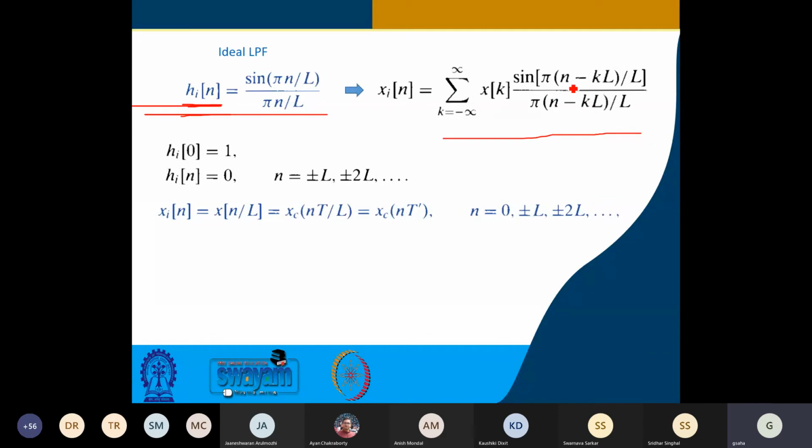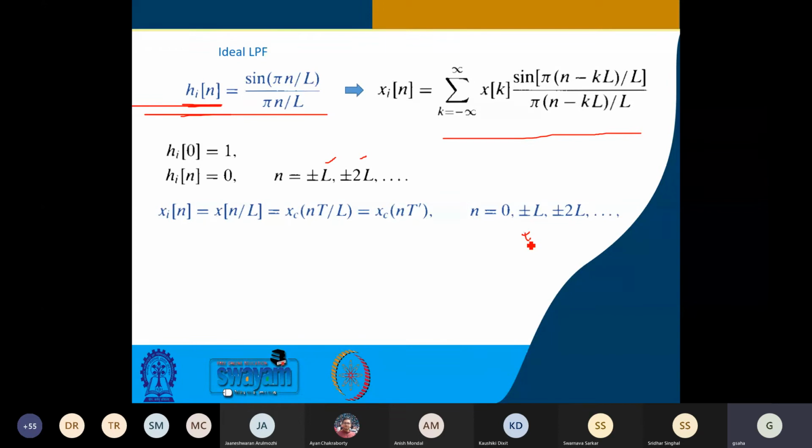Of course you can understand in this summation, at n equal to plus or minus L, 2L, etc., is the original sample, because the sinc function will generate 0 at these intervals, and in between the values will be the interpolated ones, the one that we discussed for reconstruction. So this is what you will get.